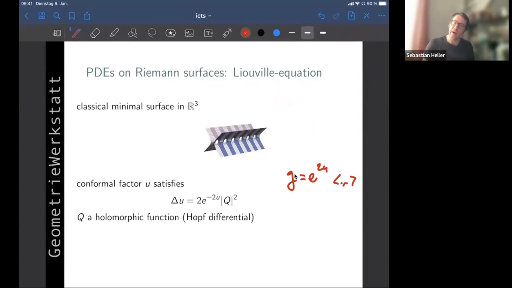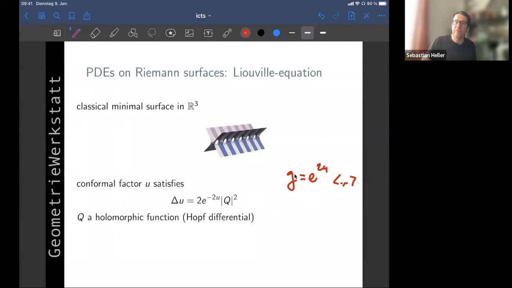So the 2-0 part and the 0-2 part give the whole second fundamental form, and because it's a real valued symmetric bilinear form, the 2-0 part determines the whole second fundamental form. So the Hopf differential determines the second fundamental form, and the conformal factor determines the first fundamental form. So we have all the information to describe a surface in R3.